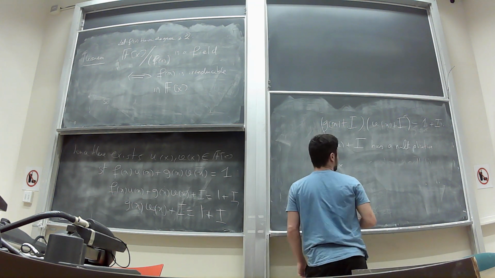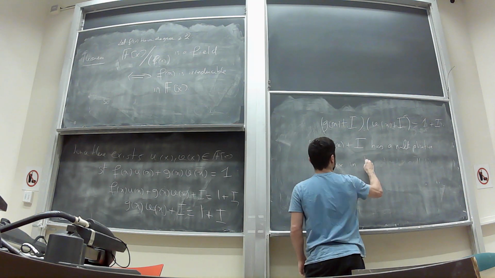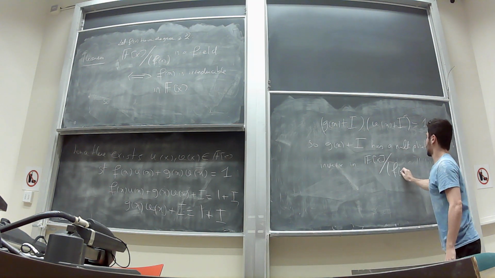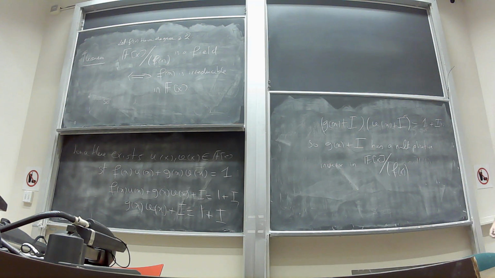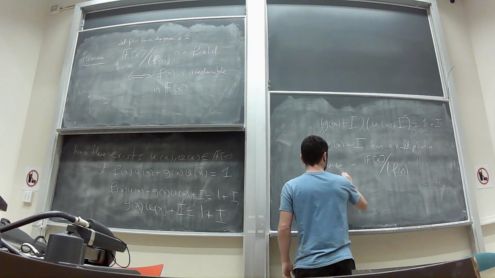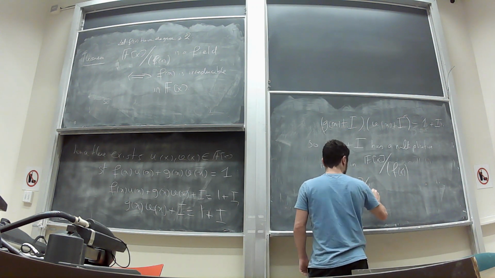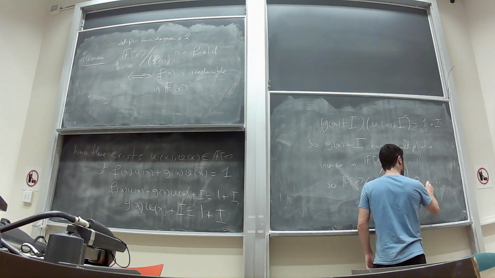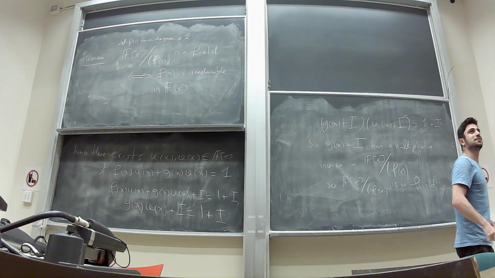Sorry, an inverse. And the only assumption that I had is that g of x plus I is non-zero. So the quotient of the polynomial ring by f of x is a field.